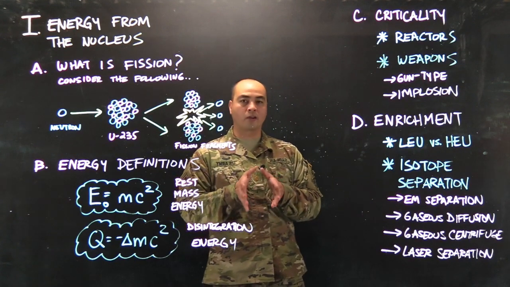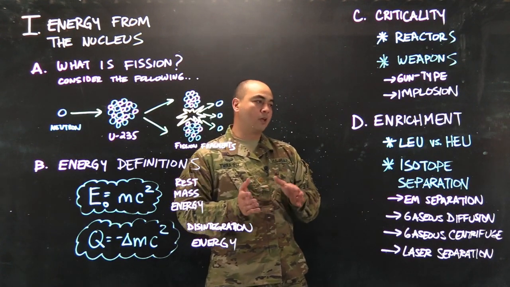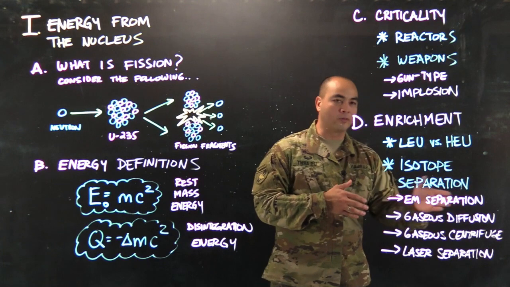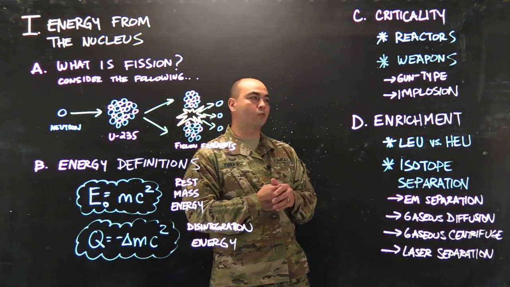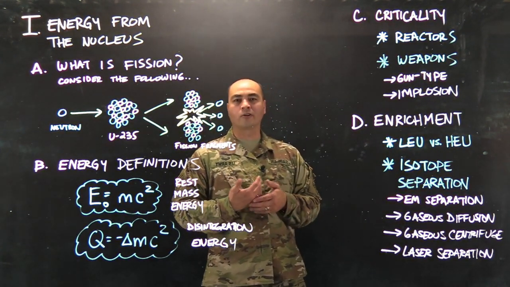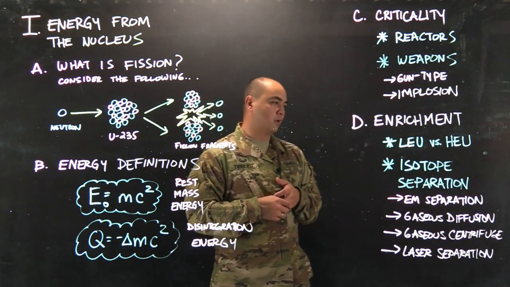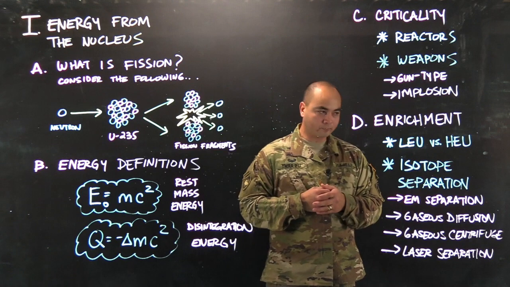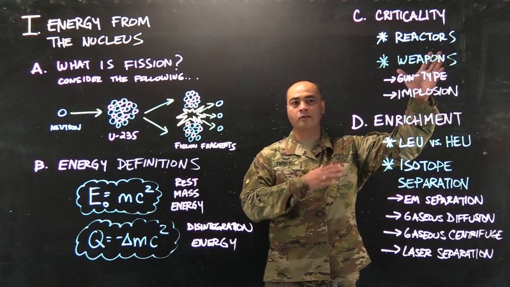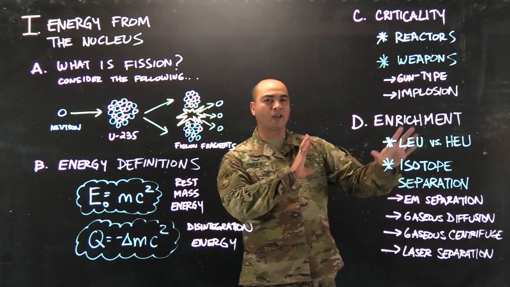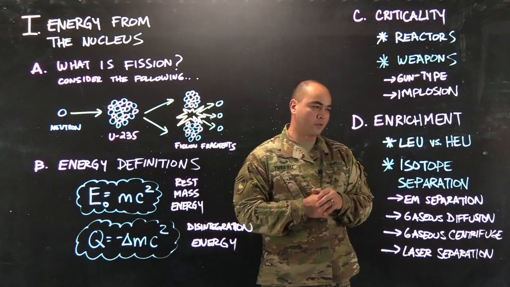Typically in reactors, we're looking at about 3 to 5%. Anything higher than that, above 20%, the International Atomic Energy Agency specifies is considered special nuclear material. If we were to get to weapons grade enrichment, we're looking at about 90% or higher.